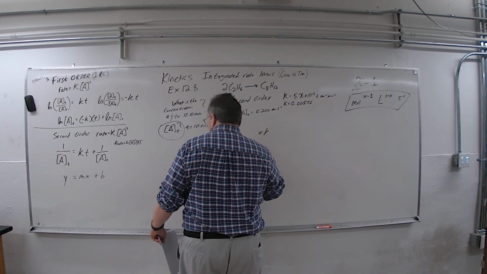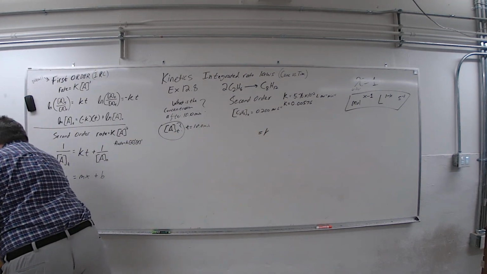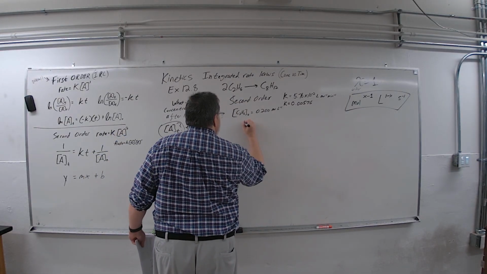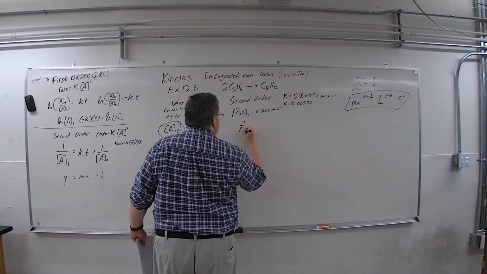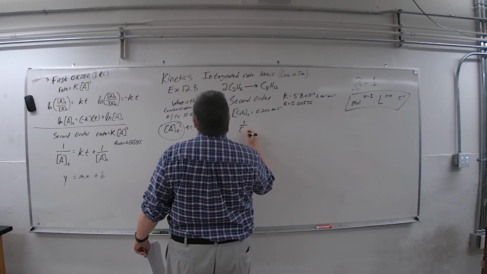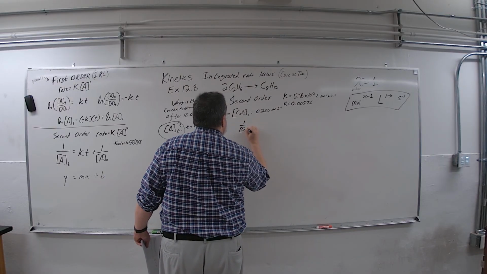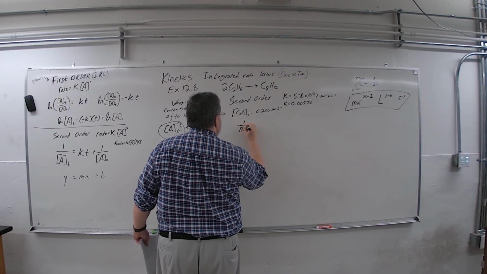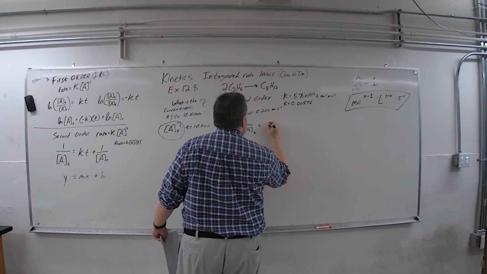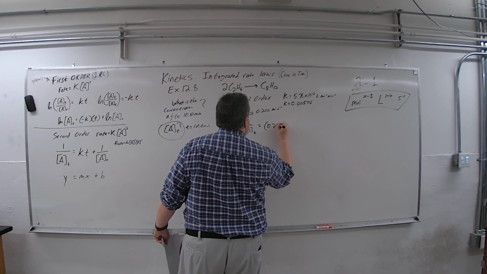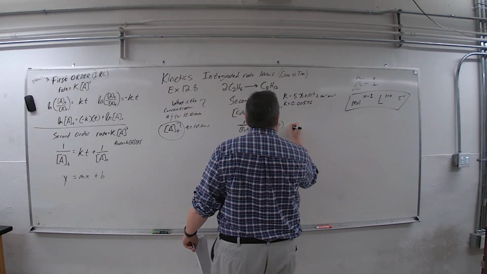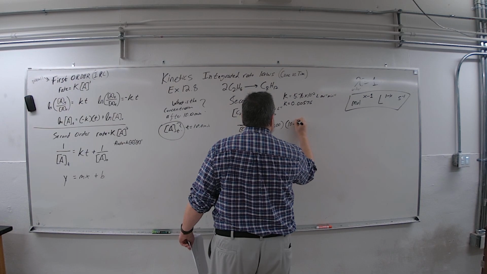Equals K. C2H6. K is 0.200. Going to leave the units off. K is that. T is 10 minutes.